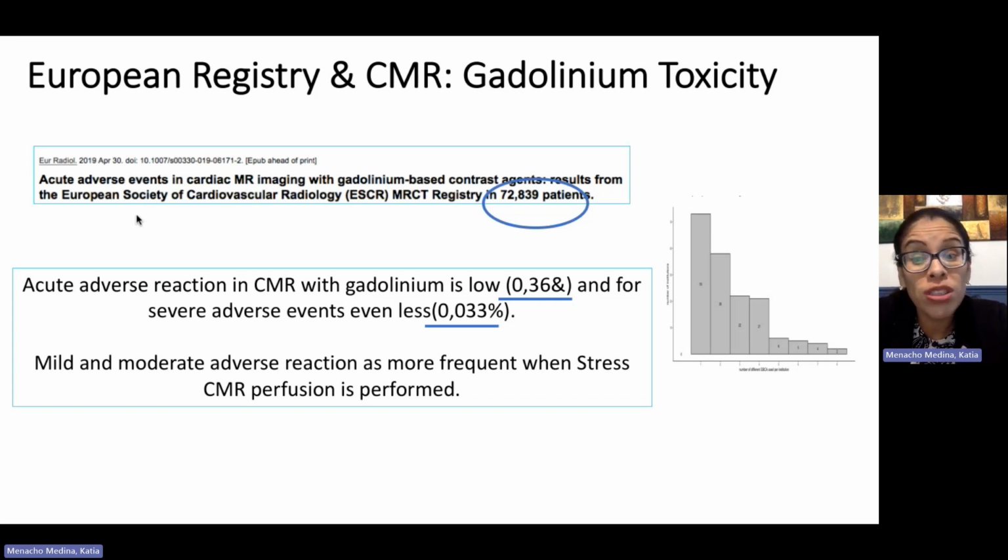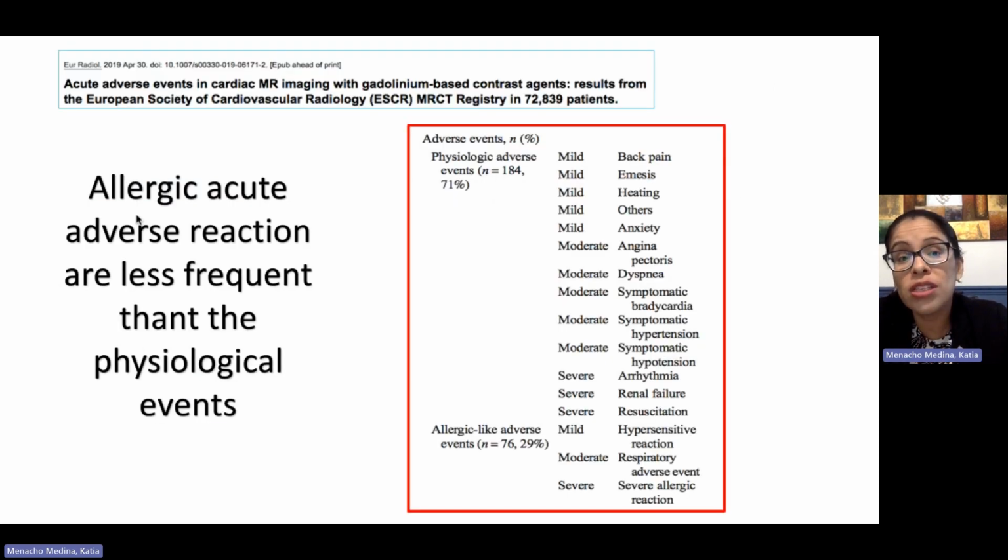The most frequent are mild to moderate reactions, and they are more frequently reported with stress perfusion CMR scans. Within the acute adverse reactions, the allergic ones are more common than the physiological ones. You can see the different degrees and severity of reaction.